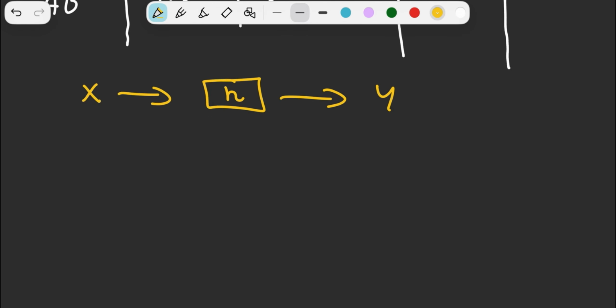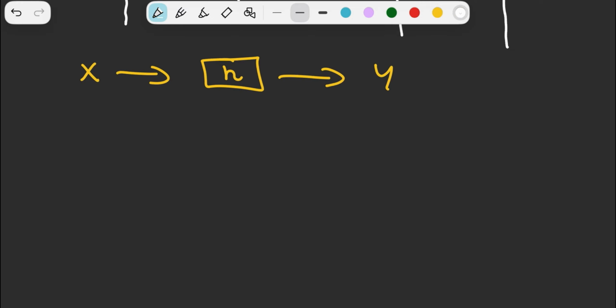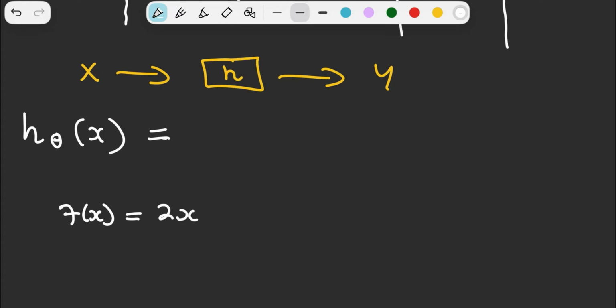For the duration of this video, we are going to say h theta of x, so it's a function, right? H as a function of x is equal to, okay, so h over here is a function. Remember, if f of x is equal to 2x, it means that if I have x equal to 1, I get an outcome which is equal to 2.